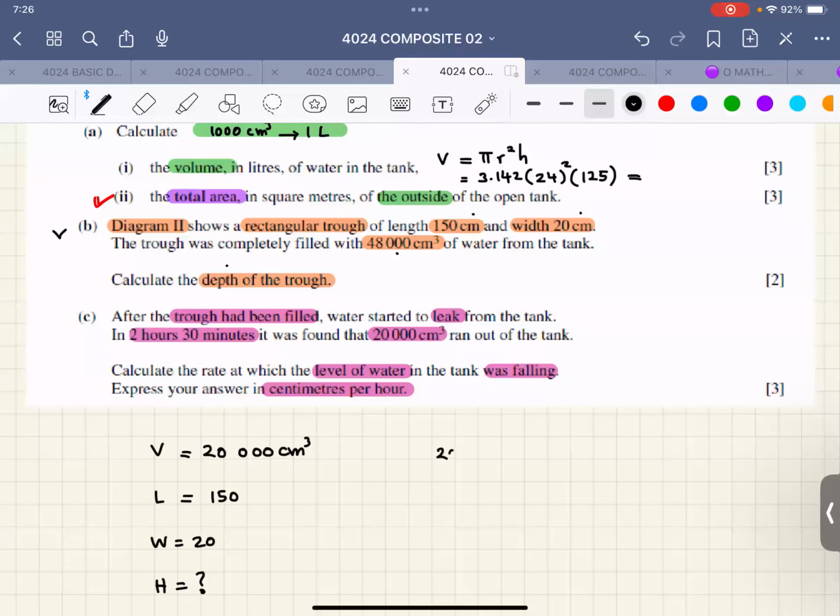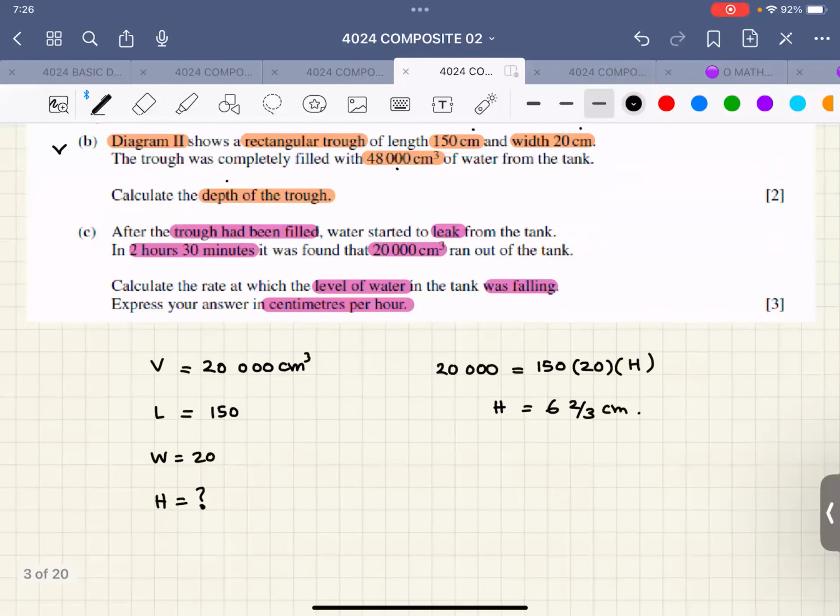So therefore, 20,000 for this volume, that is 150 into 20 into H. So let me calculate H. That's 20,000 divided by 20 divided by 150. This comes out to be 6 2/3 centimeters. I'm writing it as a fraction.